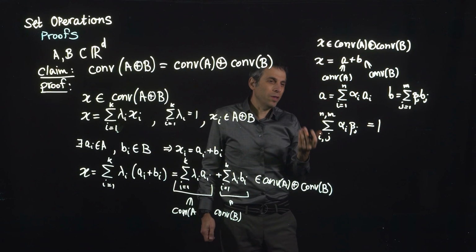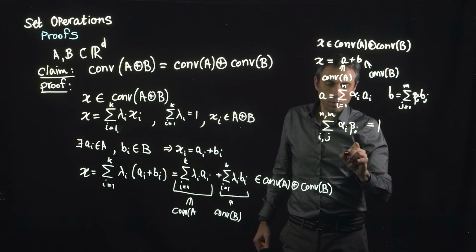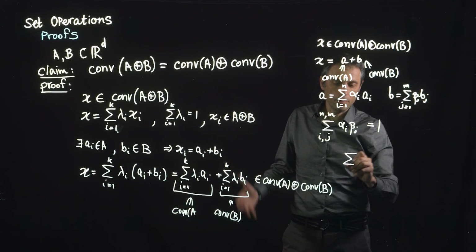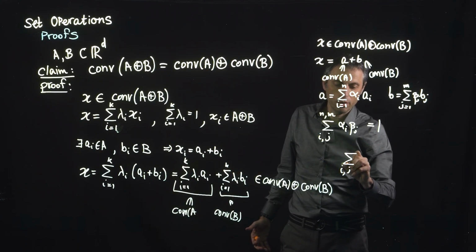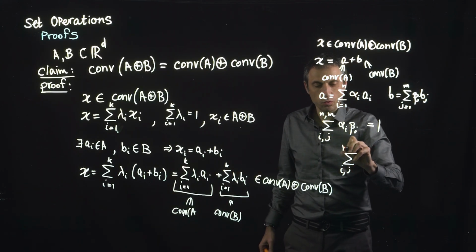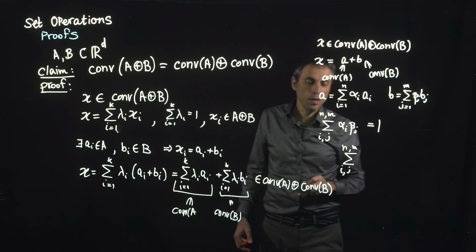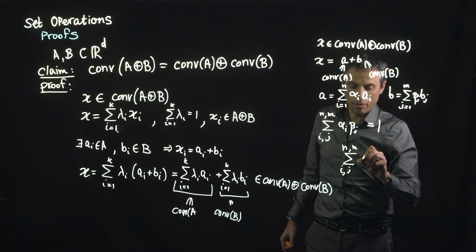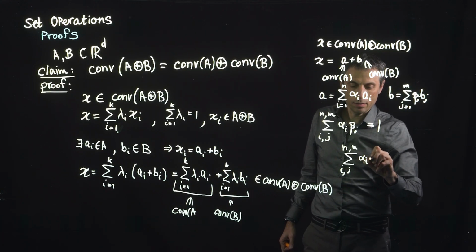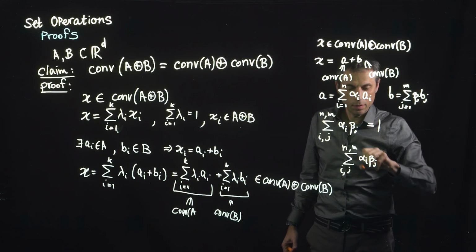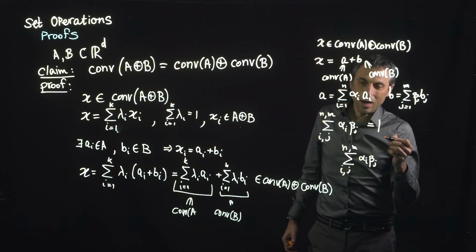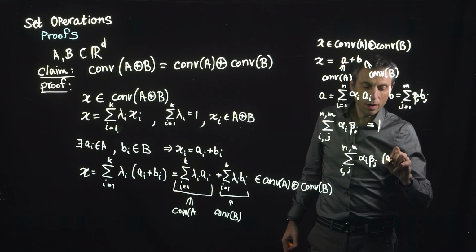So now I can look at this summation, again going over i and j, the first one to n, the second one to m. I'll write it as alpha_i times beta_j, this number which is the multiplication of the alphas and betas, times (a_i plus b_j).